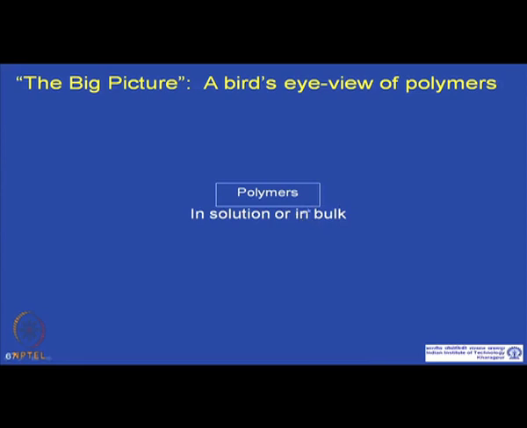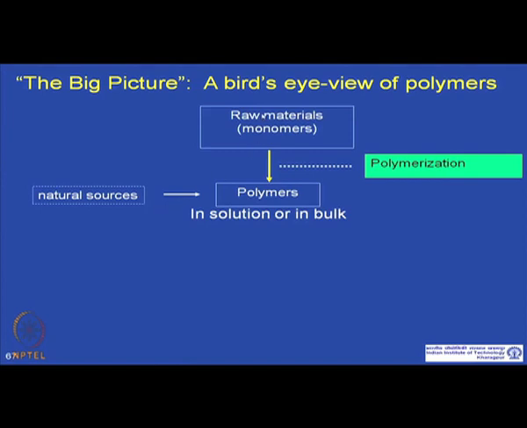They can be synthesized in bulk like in melt condensation polymerization. Polymers can also be procured, though in very less quantity, from natural resources, and these polymers are formed from monomers by different polymerization techniques.